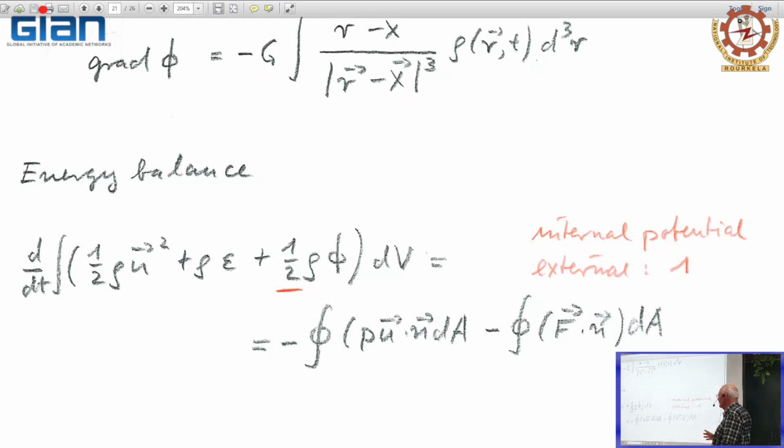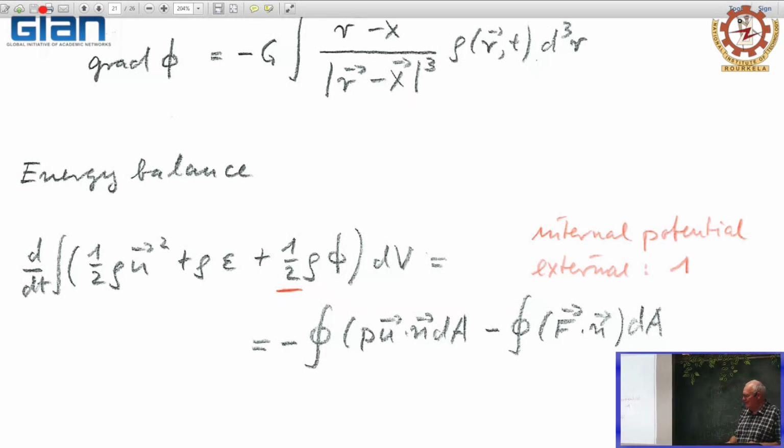There has to be a difference whether the gravitational field is generated by an external configuration or whether the potential is generated intrinsically by the configuration which we consider. The proof for the factor 1/2 for the internal potential is not quite trivial. Nevertheless, you never find a proof for it in the literature.